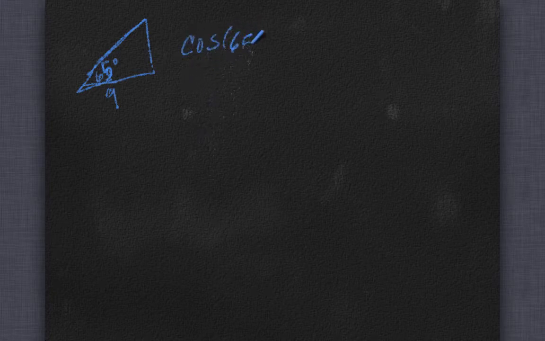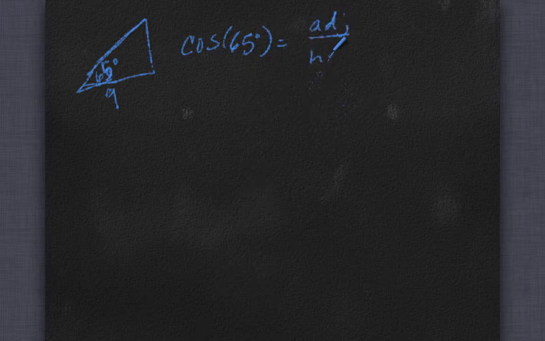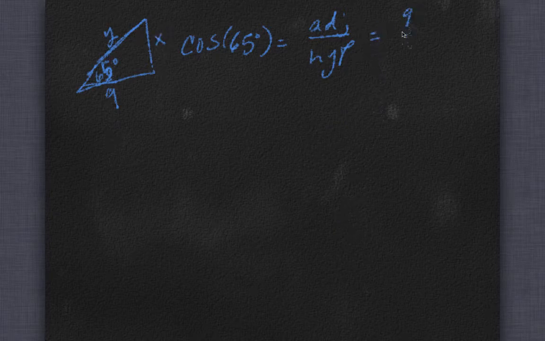So let's say that you knew this was 9, and you want to solve for the whole triangle. So you know the adjacent one. Let's say that this time you wanted to solve for hypotenuse first. So you would say adjacent over hypotenuse. So cosine of 65 degrees is the adjacent over the hypotenuse, and let's call this y and this x this time. So that's 9 over y.